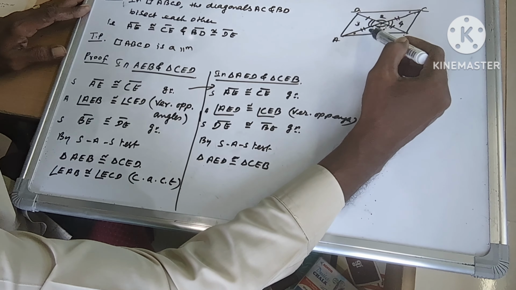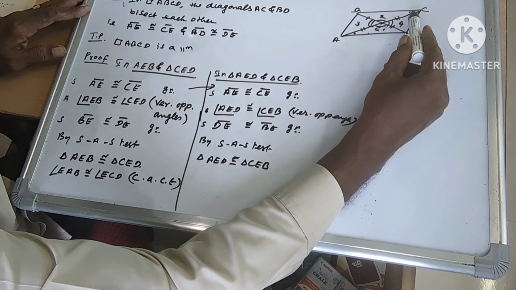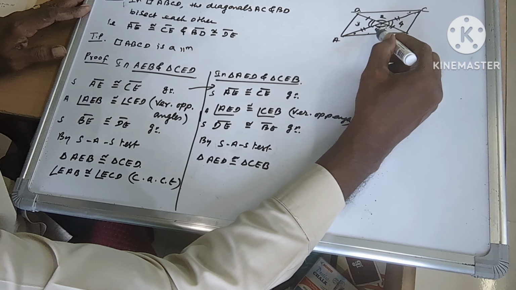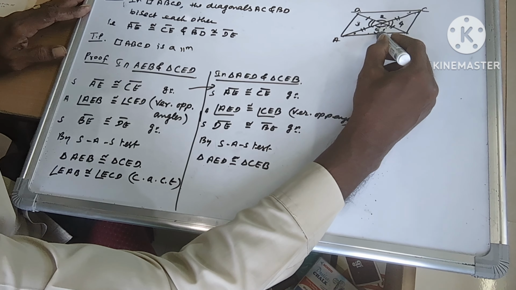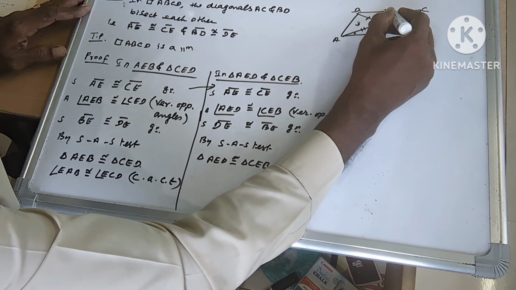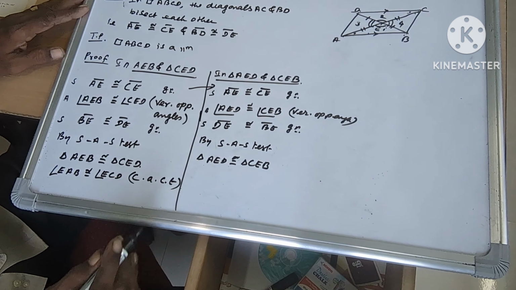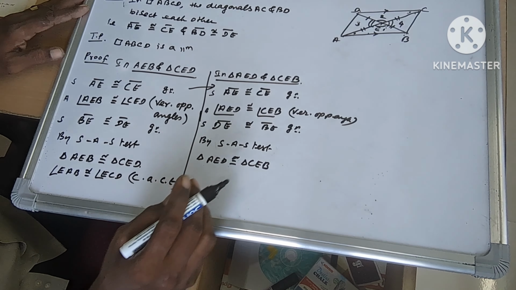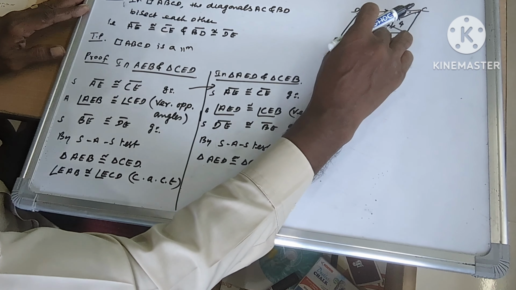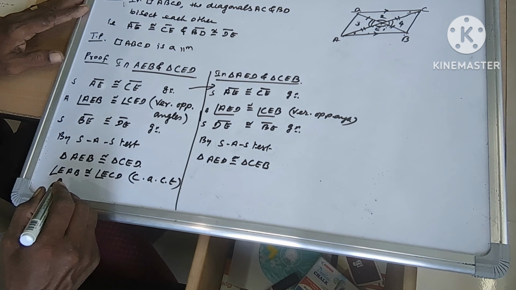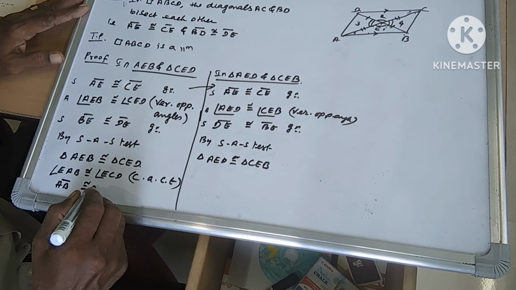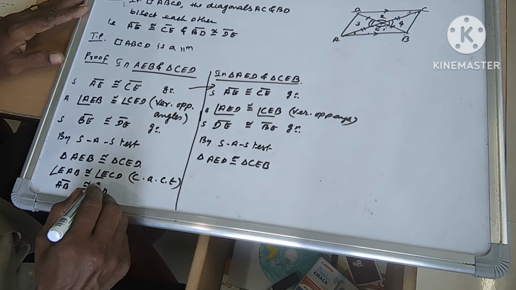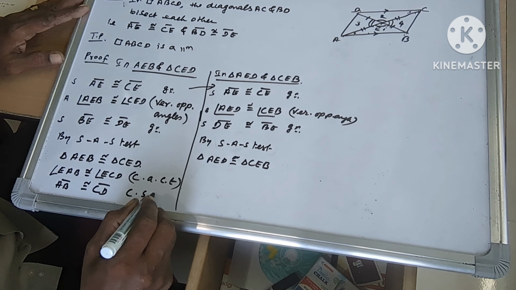If these two angles are congruent, this is a pair of alternate angles, and a pair of alternate angles being congruent means the lines are parallel. Also, segment AB is congruent to segment CD by CSCT.